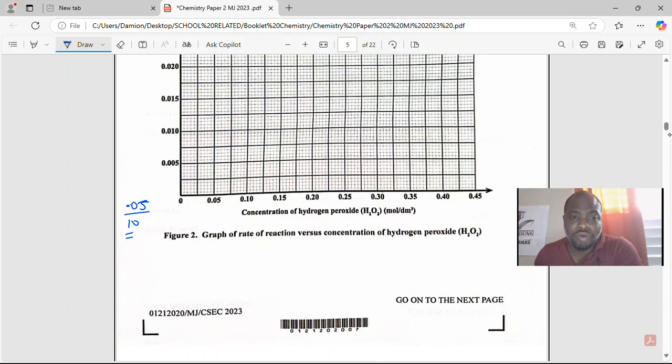So the first, we're going up 2 centimeters to 0.05, right? So we're dividing that. We want to find what each of these strokes represents.